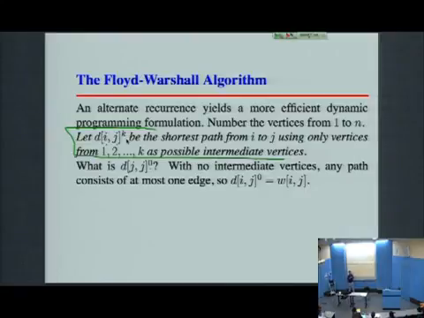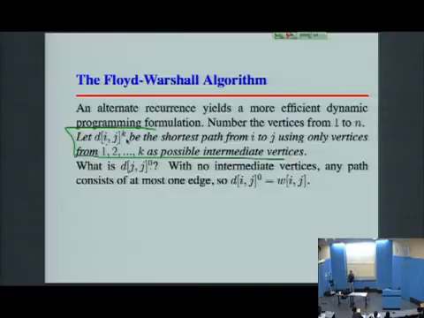It should be clear that as I allow you more vertices as possible choices for intermediaries, the distance from i to j can only get shorter, right? If they build another road someplace between here and Chicago, it is possible my distance to Chicago will get shorter, right, by going through that little hick town that road passes through.